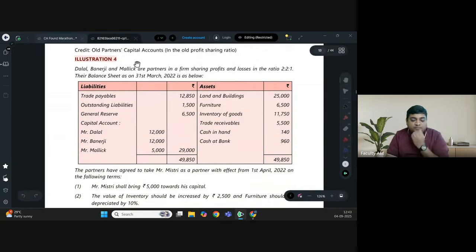Please do illustration 4. I won't do it. Let's see whether you are able to do it or not. Right? Just practice illustration 4 right now.